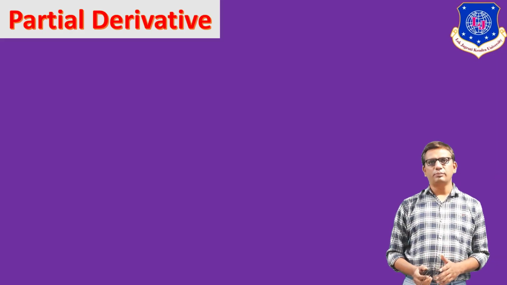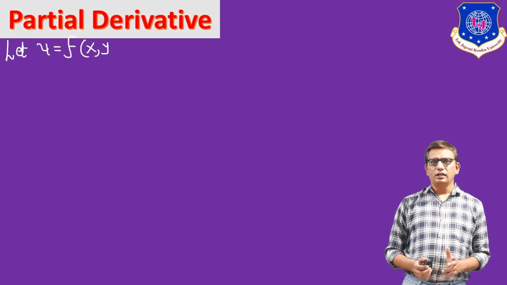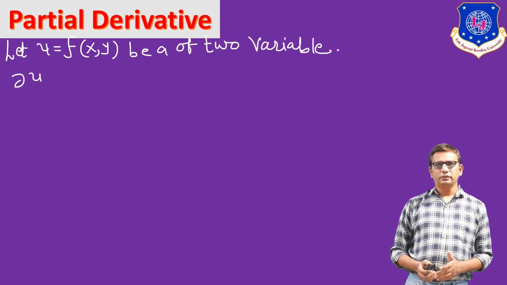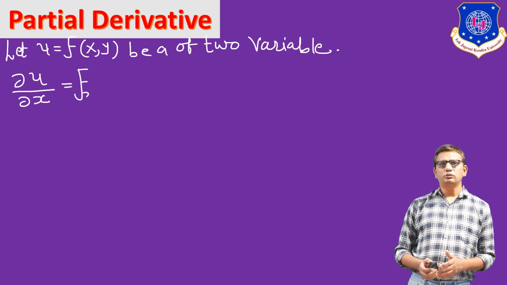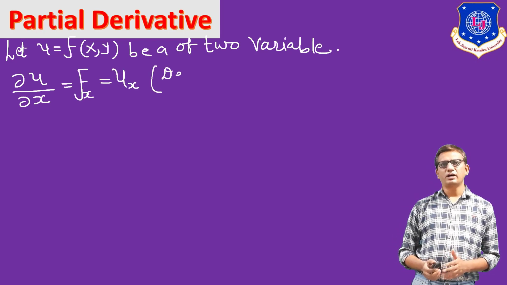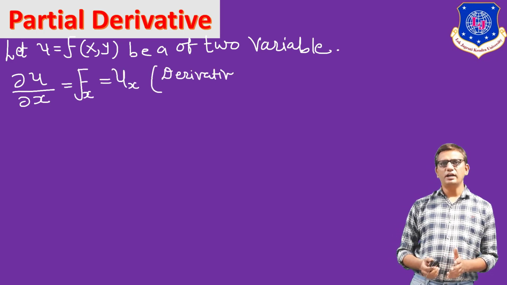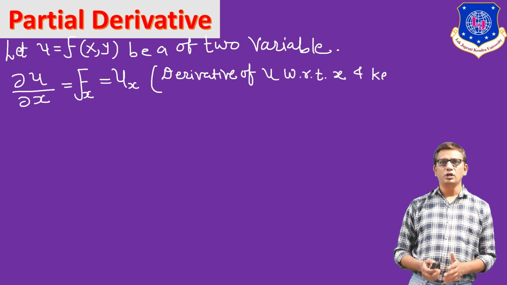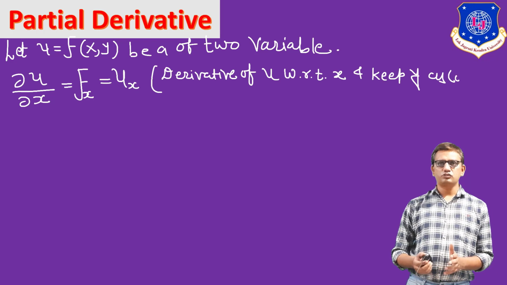Now we will start the partial derivative. Here, let u equal to f of x, y be a function of two variables, and u depends on two independent variables x and y. Then the partial derivative del u by del x, denoted as fx or ux, is the partial derivative of u with respect to x.